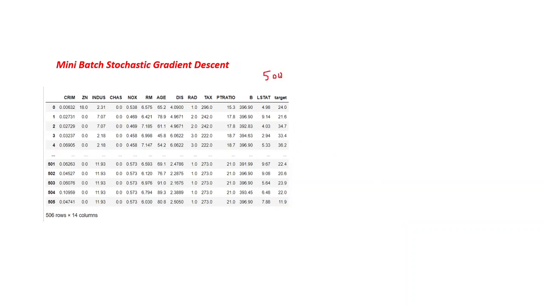We divided these examples into batches of 10. So now your data set contains 50 batches of data. Whenever the gradient of a batch is calculated, the parameters are updated. So the equation looks like this.